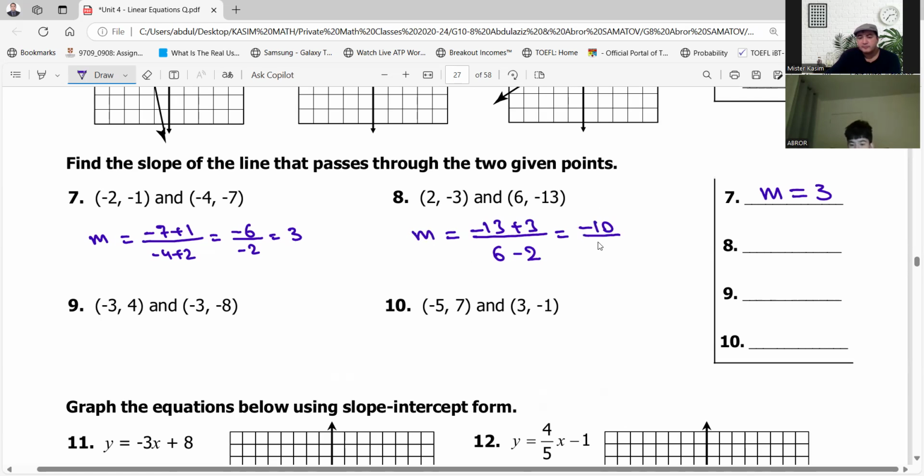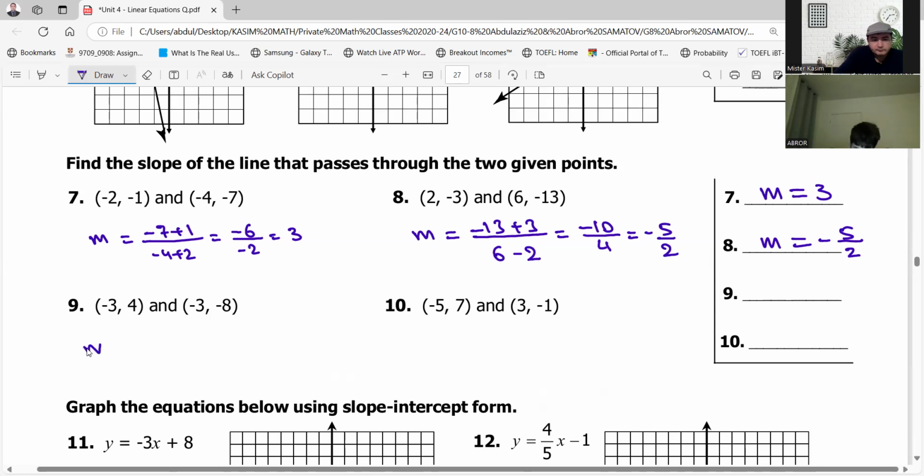And simplify this. Both numbers are divisible by 2, right? Yes. Always leave your answer in the simplest form, -5/10. So the slope of this line would be -5/10.